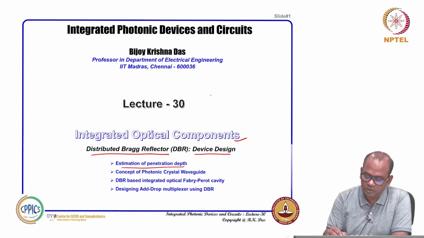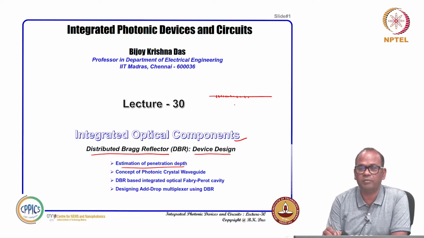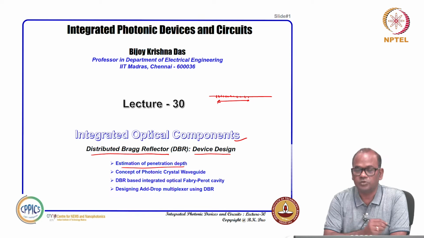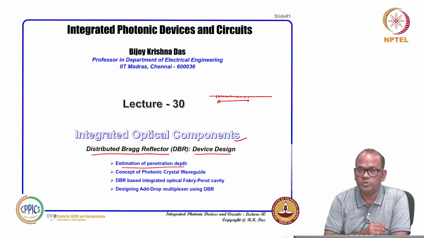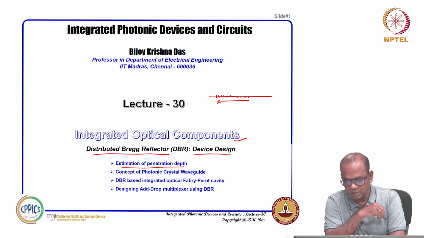You know it can be a DBR structure like this, a very long structure you can make. You can make maybe 10 micron, 25, 100, 500 microns or so on. But the important question is how long this grating can be. Typically, if you consider integrated photonics for large scale integration, the footprint should be as small as possible.